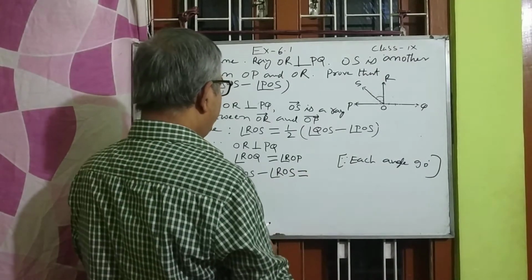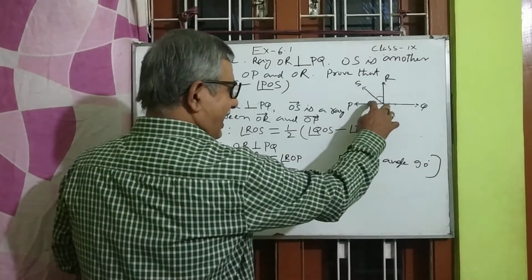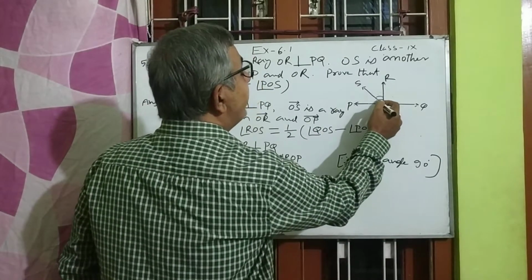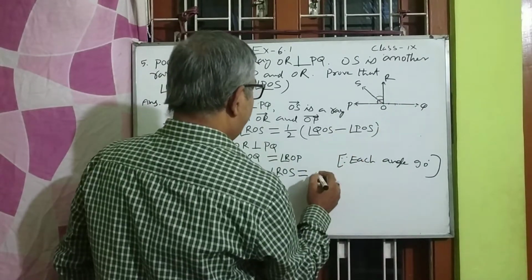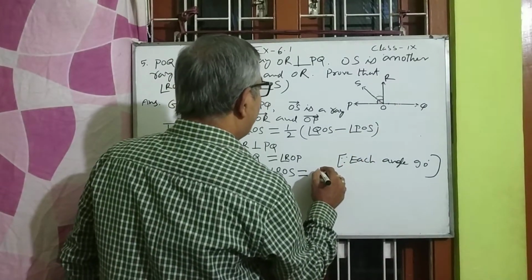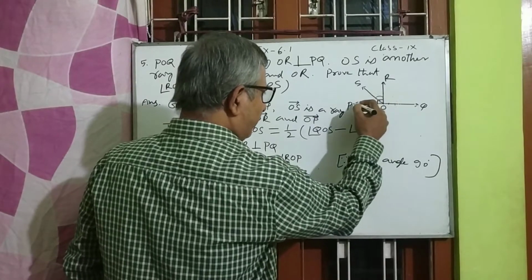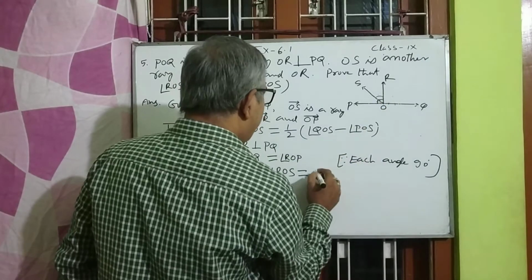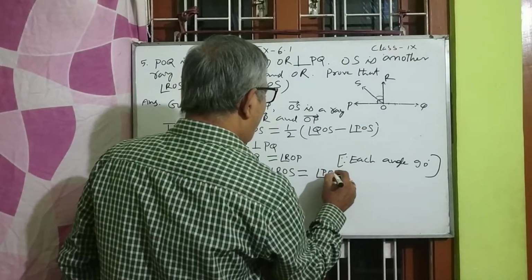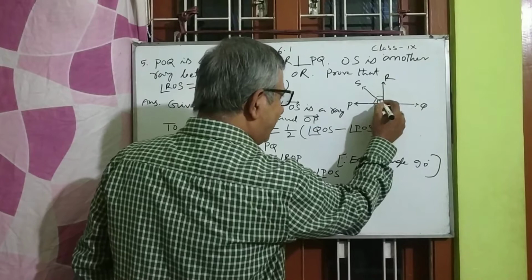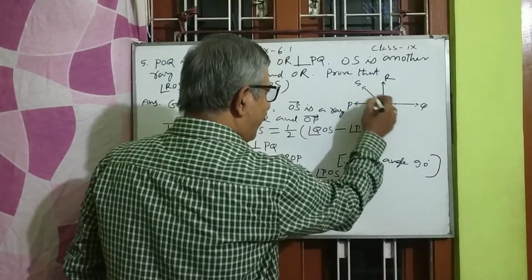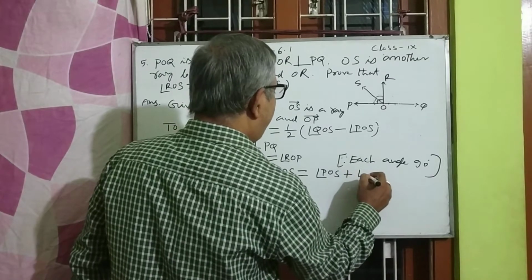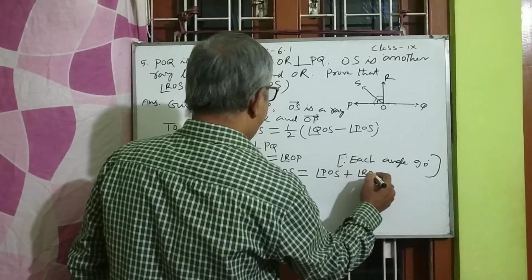Similarly, this angle is 90 degrees, meaning this total angle is 90 degrees. How does this 90 degrees come? Instead of writing total angle POR, you can write angle POS, this is the small angle, plus angle ROS.